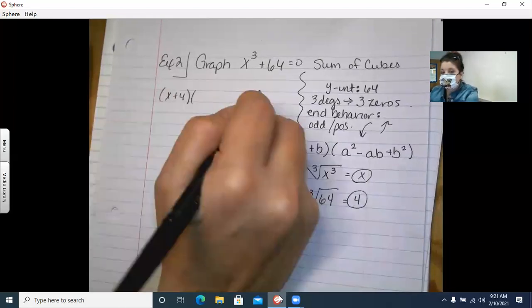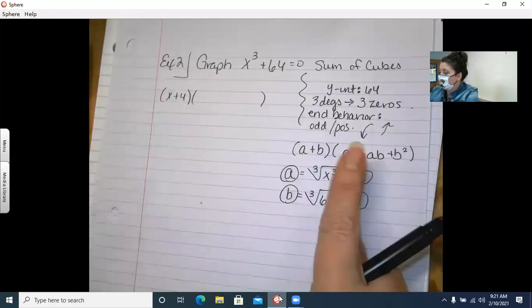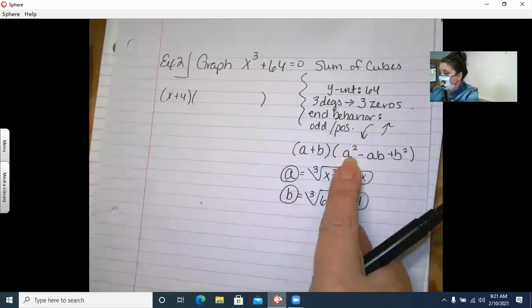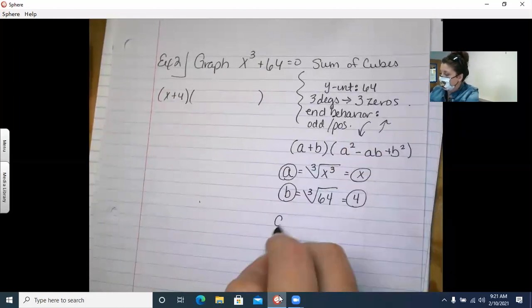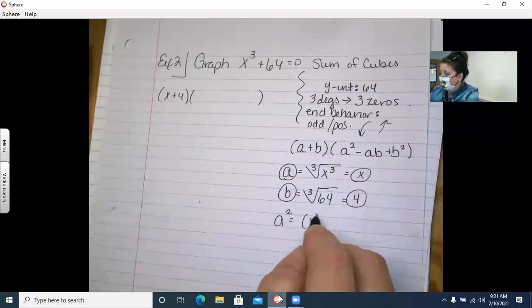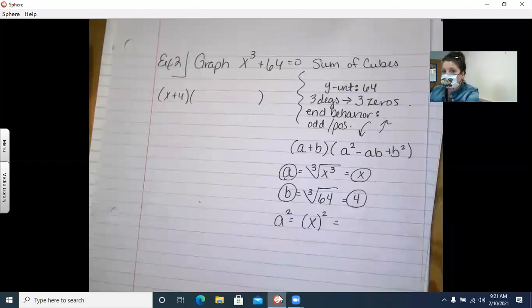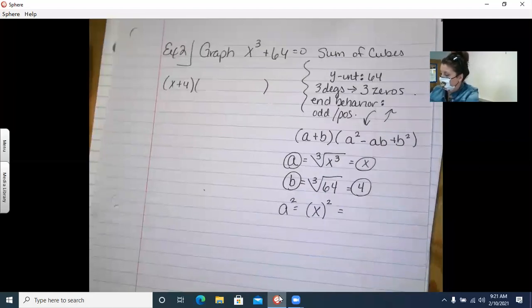And then to see what goes in the second set, I got to find a squared, ab, and b squared. So a squared, take whatever x is and square it. So what am I going to substitute in for a squared? X squared. Then I'm going to subtract a times b.